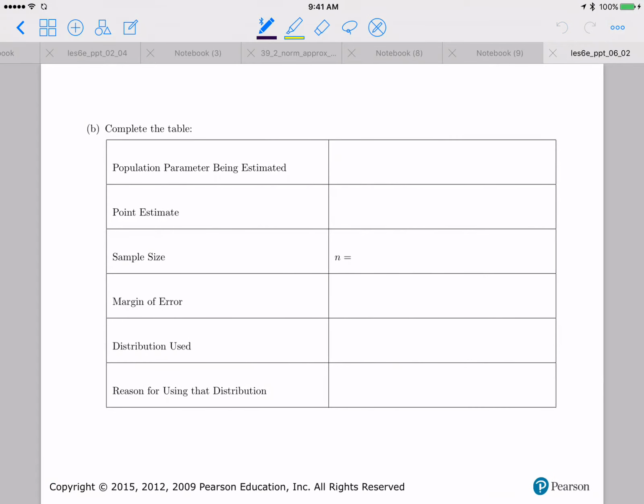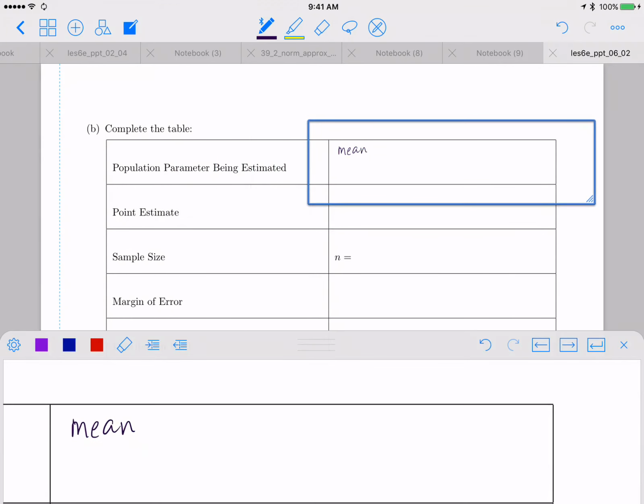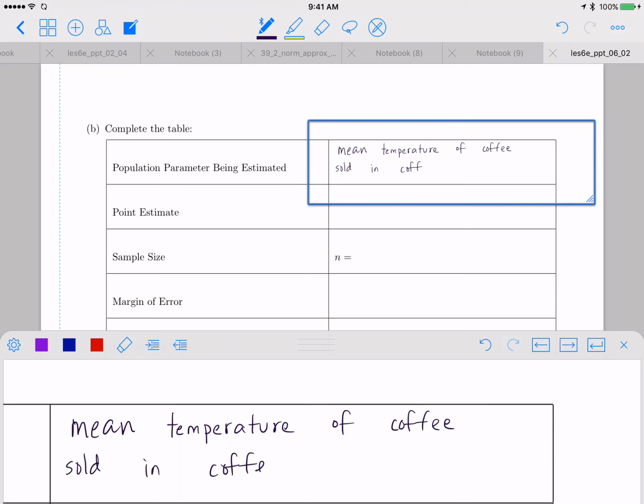Now, the population parameter being estimated is the mean temperature of coffee sold in coffee shops.